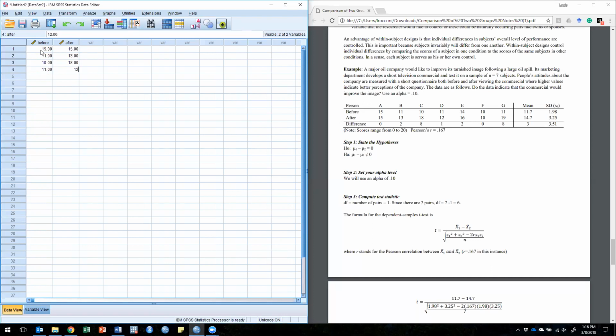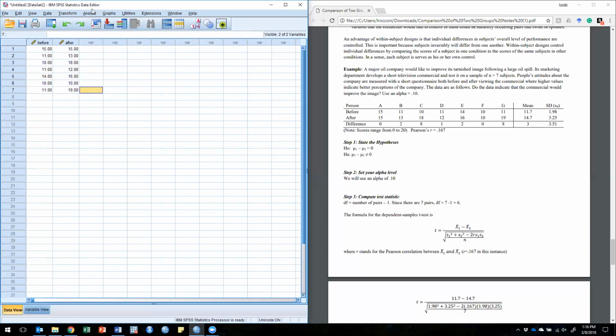We enter the data in as such until we get to the end. Person 7 rated them 11 before and a 19 after watching the commercial.